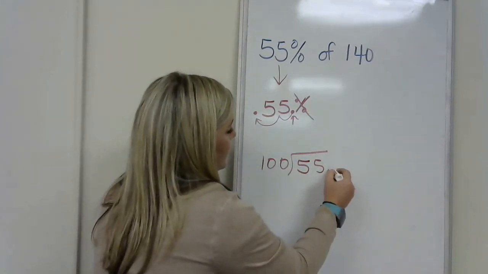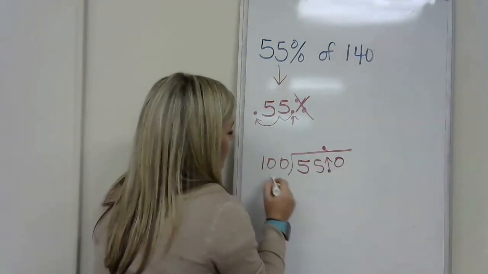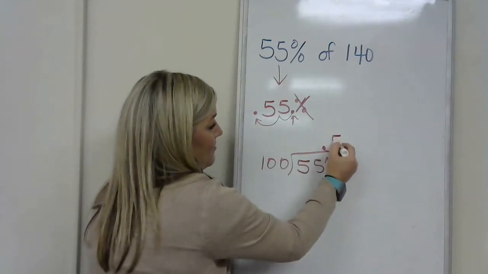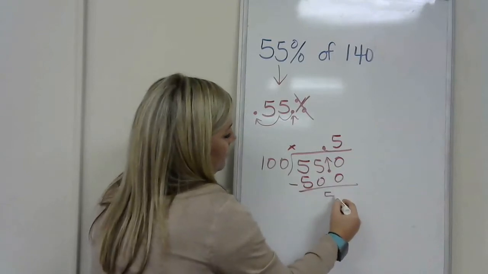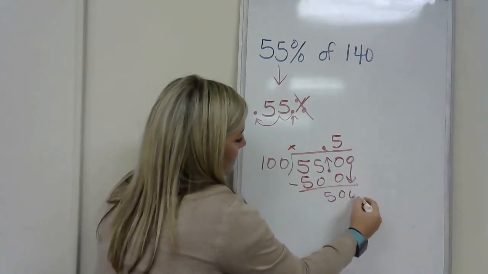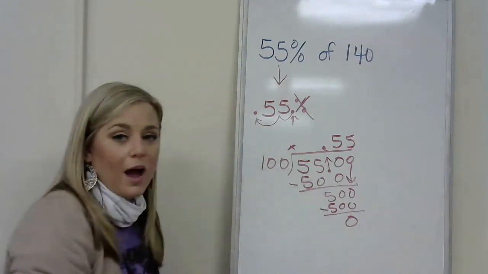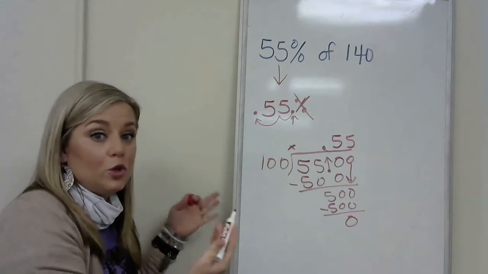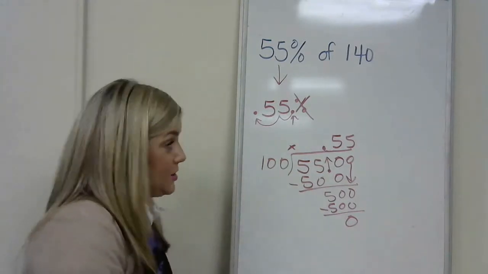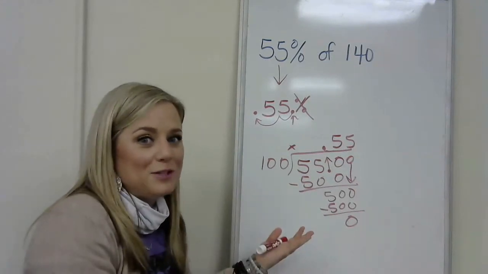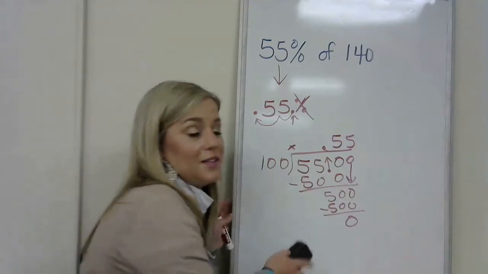So I'd have to add a decimal, bring it up, and add a 0. Now 100 will go into 550 5 times. 5 times 100 is 500. Then we're left with 50. Add a 0, bring it down. 5 again. That is why it's easier just to move the decimal 2 places to the left. If you want to divide your percent by 100 every time, by all means do it. However, I'm not doing that. I'm just moving it 2 places to the left.